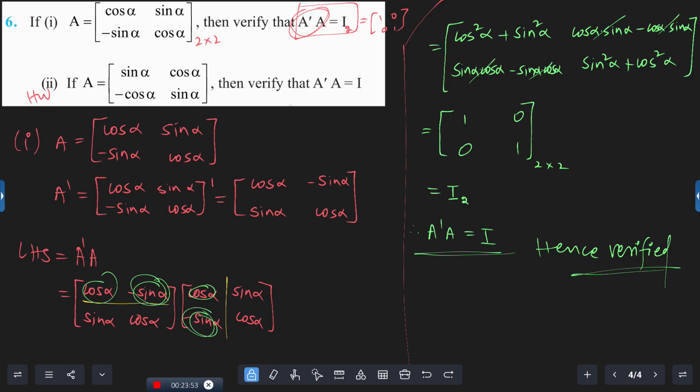If you learn the product, there is nothing in this chapter, just 1, 2, 3. You can run like anything if you learn the matrix product. Matrix addition, subtraction are all nothing, but product only takes time here. When we are squaring the matrix, cubing the matrix and all, we have to multiply the matrices. So you must be careful when you go into the matrix product. Understand? Do this fast.